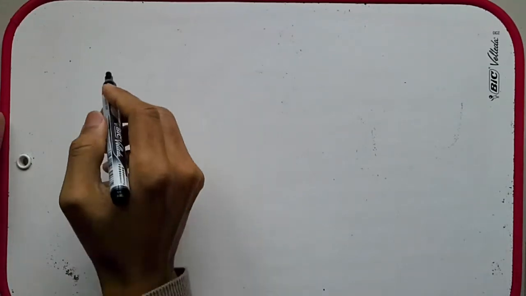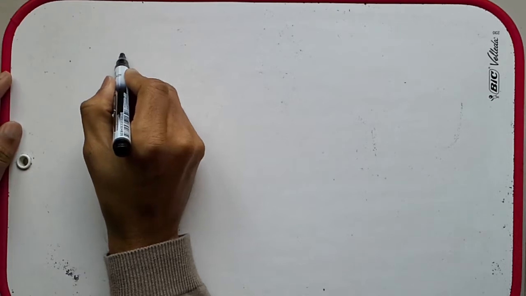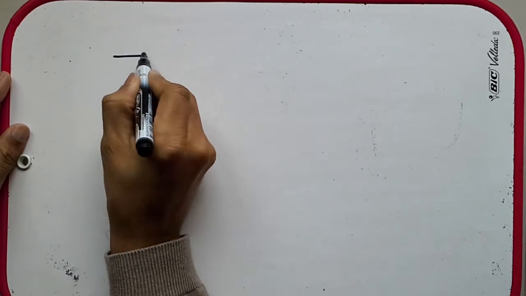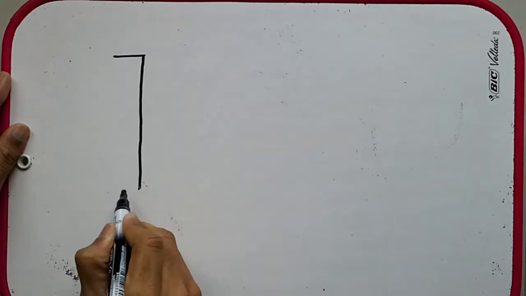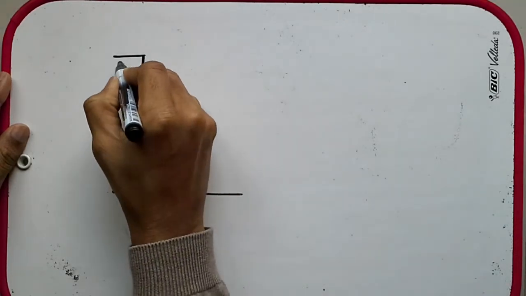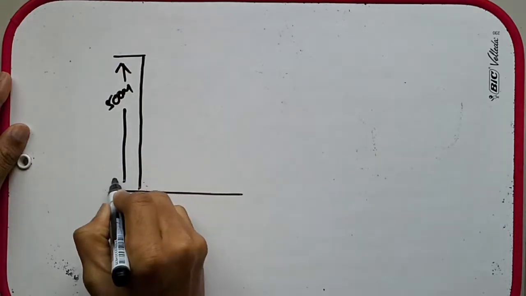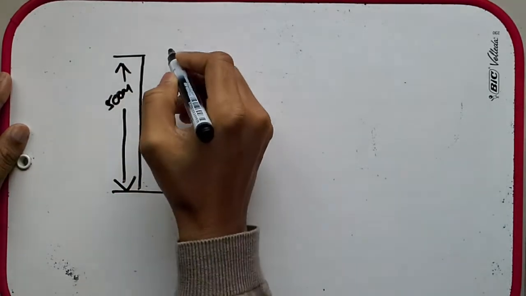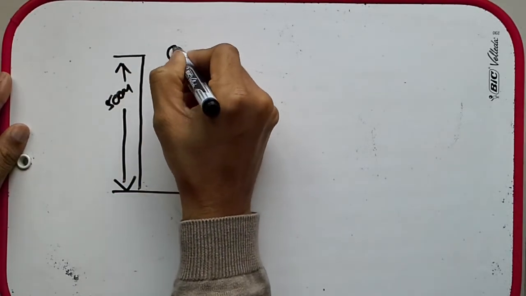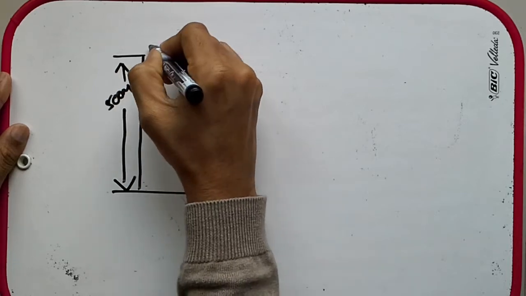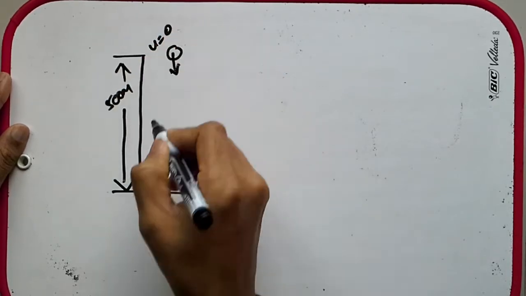Okay, so we'll move to the next question. So this time the question is like this. Let's say this height is 500 meters. First you drop a ball, meaning the initial speed is 0.